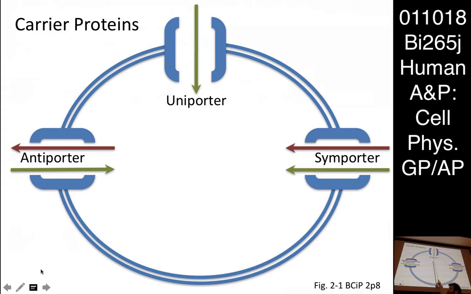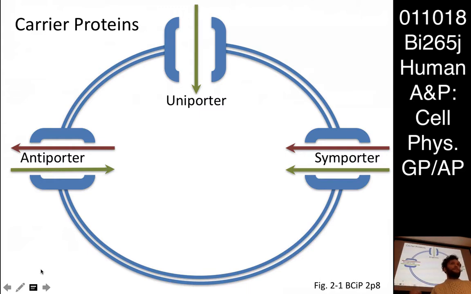They can be uniporters. It means they can transport just one thing in one direction, either in or out. It doesn't matter. I have it going in here. But a uniporter is going in one direction, one thing. You can have symporters, two things coming in the same direction. Perhaps one of those things is going down its concentration gradient. And if it's going down its concentration gradient, we're getting a release of entropic energy, right?